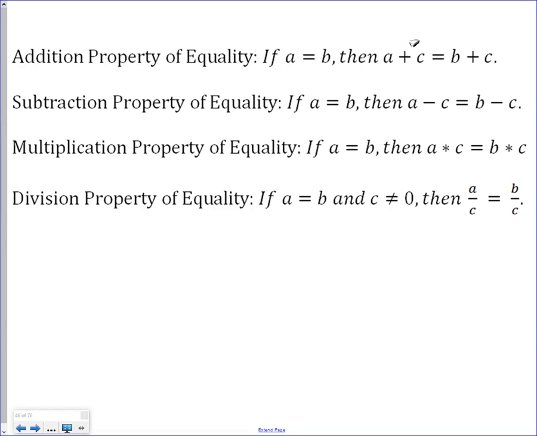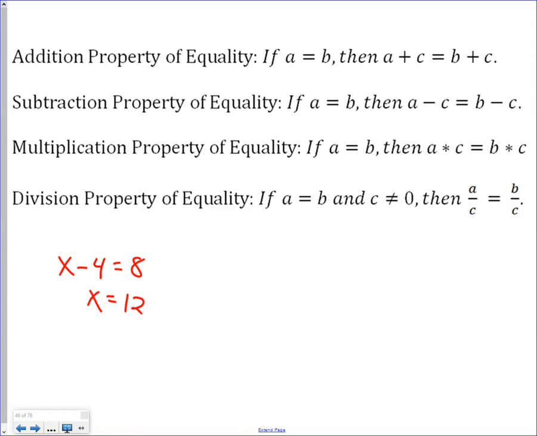Usually this is going to show up more like if you had x minus 4 equals 8. How do you solve? You add 4 to both sides and get x equals 12. That is the addition property of equality. If instead you had x plus 4 equals 8, you would subtract 4 from both sides and get x is 4.